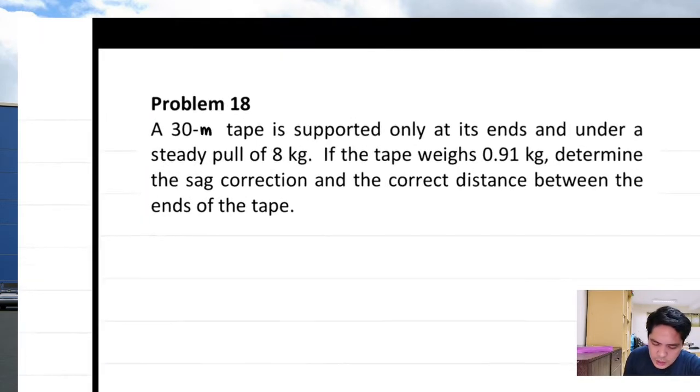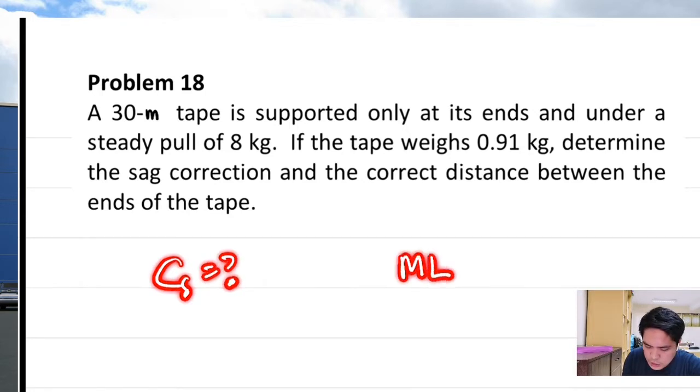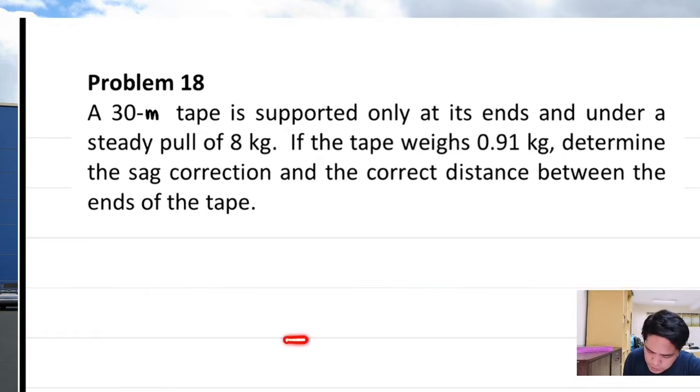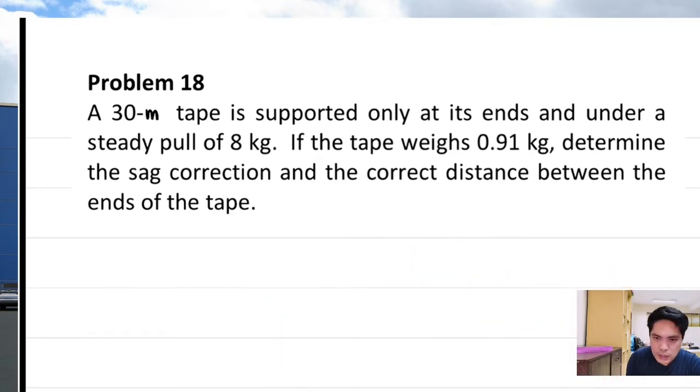Now, yung hanapin natin is, of course, the correction due to sag and also the measured length kung meron siyang sag when we use the whole tape length. Kasi syempre kung wala siyang sag, straight lang, of course, that would be 30 meters. But because of sag, let's say dito, di na siya abot sa 30. So what would be this length? So yun yung hinahanap natin.